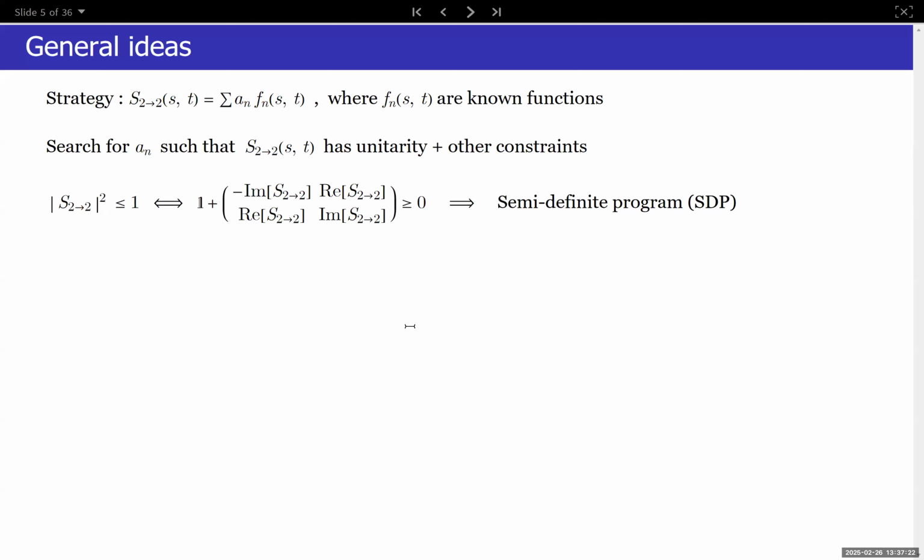If we want this function to be smaller than 1, this condition translates exactly to a statement about a 2 by 2 matrix. If we demand this 2 by 2 matrix to be positive semi-definite, that is exactly equivalent to the statement that S squared should be smaller than 1. But this is a semi-definite condition. Therefore, we can use a semi-definite program to solve it.